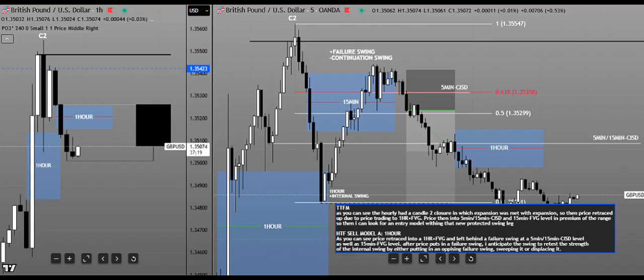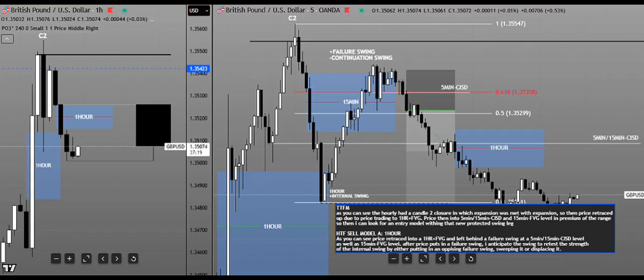And if you can see from my perspective, my model, this is basically a higher time frame buy sell model A, because price traded into a 1 hour bullish FVG, but it put in a failure swing, and then from there you can anticipate the failure swing to retest the strength of the internal swing, which is a swing point that reacted out of the bullish FVG.